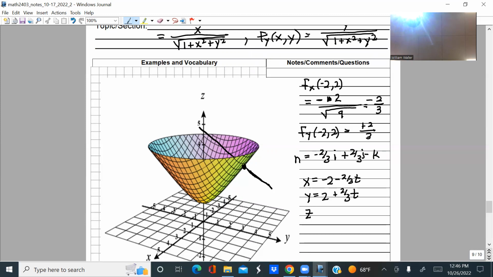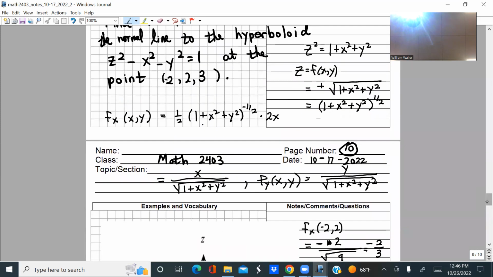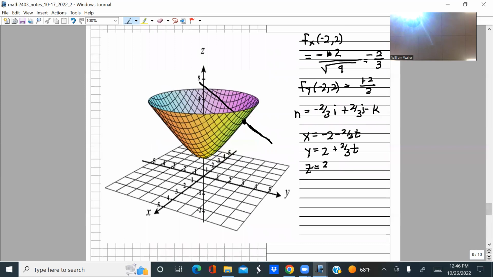And then z is, what was the z coordinate there? 3 or something? Yeah, 3 minus t. Those look like the parametric equations for those lines.